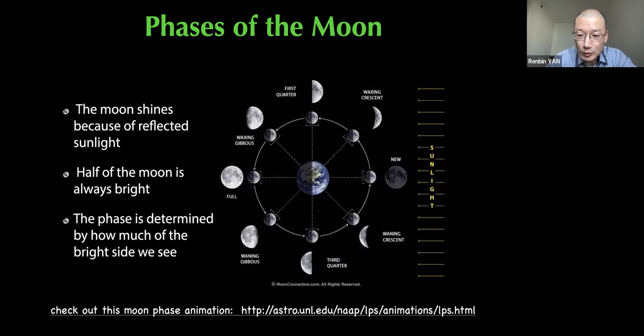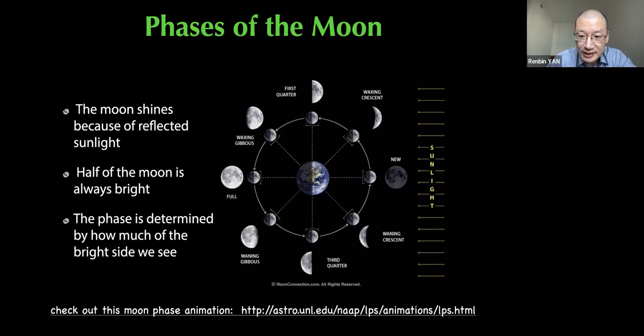And then when it is moving slightly away from the direction of the sun, for example, when the moon is over here, this half is facing the sun, so this half is bright, and this half is facing away, so this half is dark. If you're standing on Earth looking towards this direction of the moon, what will we see?